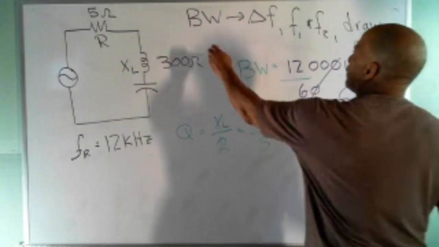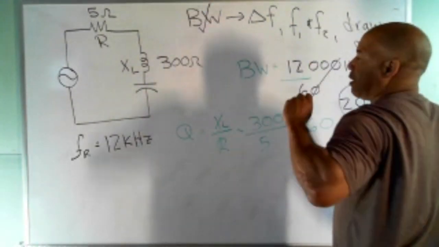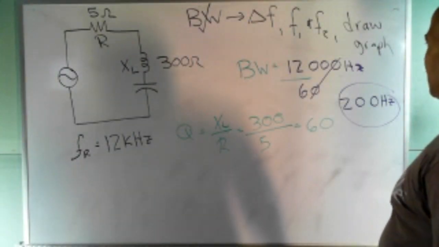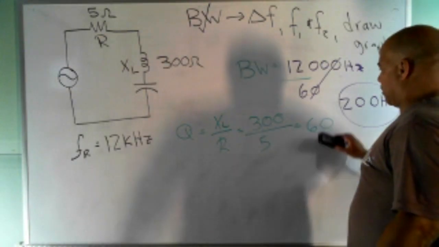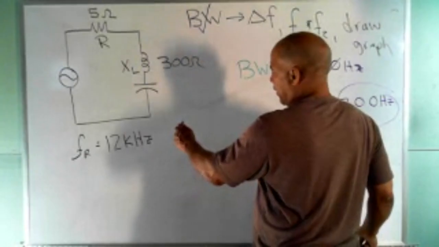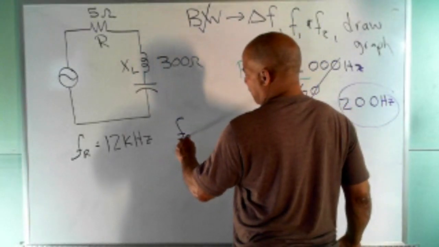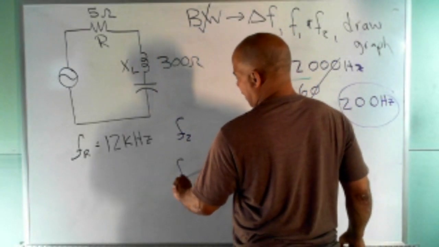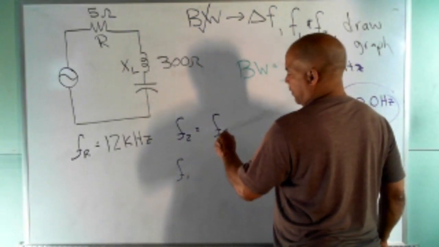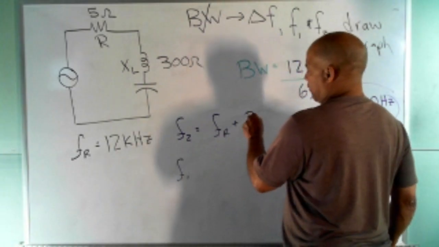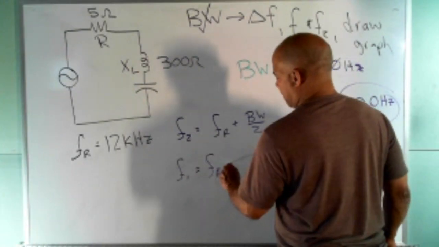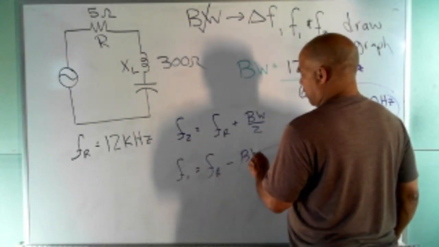So we found the bandwidth. Now we've got to get the cutoff frequencies. And I think Jacob gave us the formulas. You guys probably don't remember, but last time we were together, he gave us the formulas for F2 and F1. He said that F2 would be the resonant frequency plus 1/2 the bandwidth, and F1 would be the resonant frequency minus 1/2 the bandwidth.